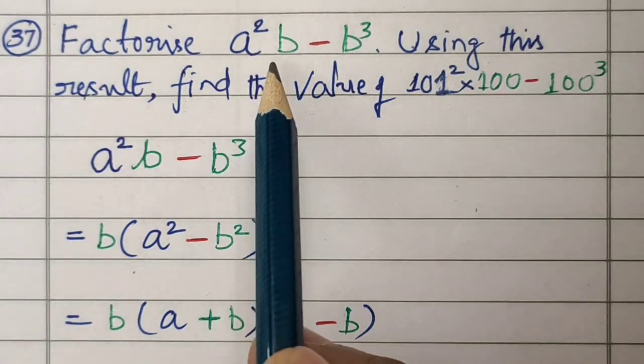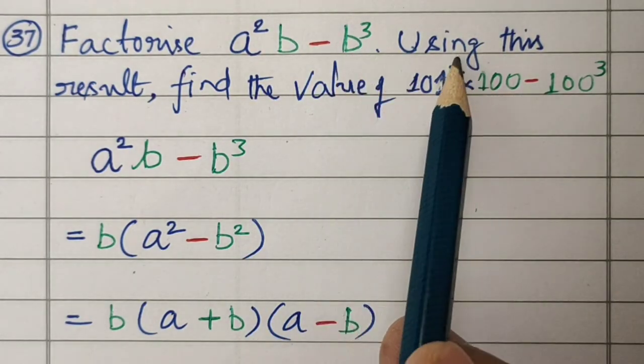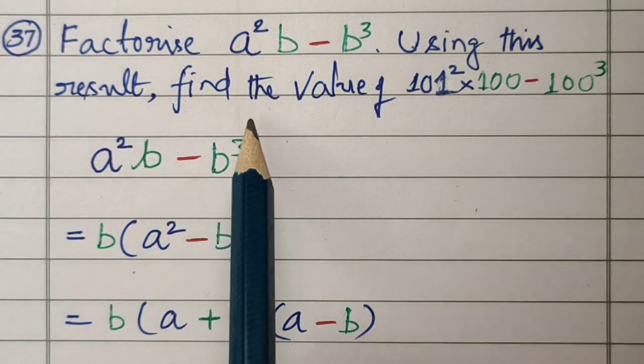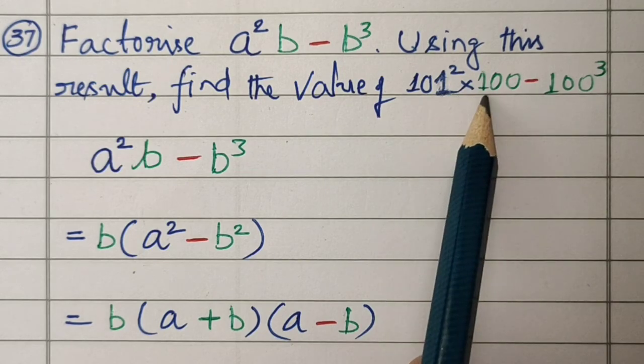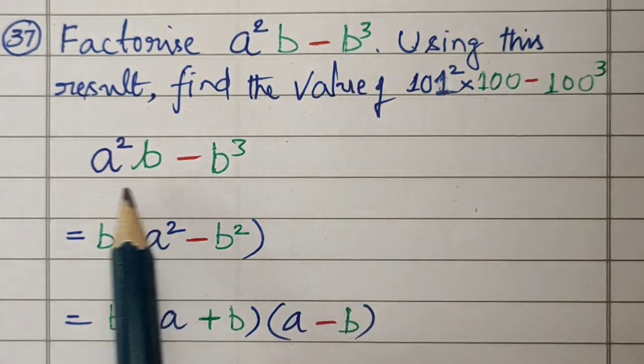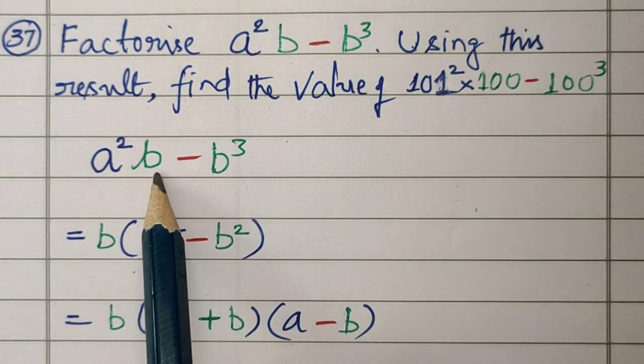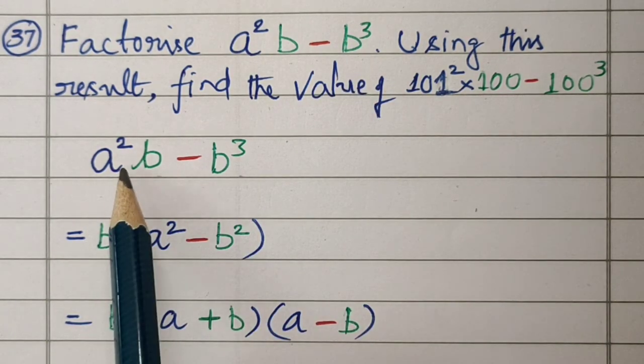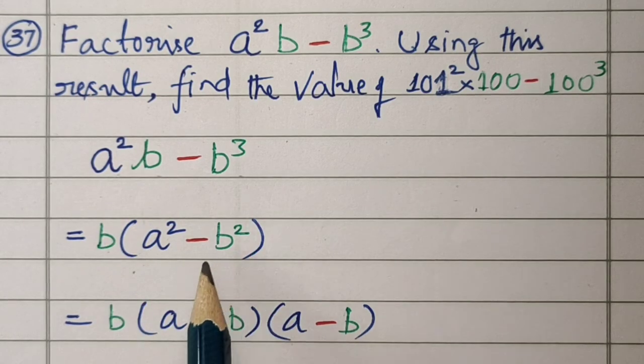Factorize a square b minus b cube. Using this result, find the value of 101 square into 100 minus 100 cube. A square b minus b cube. In this b we have taken it as common, left out with a square minus b square.